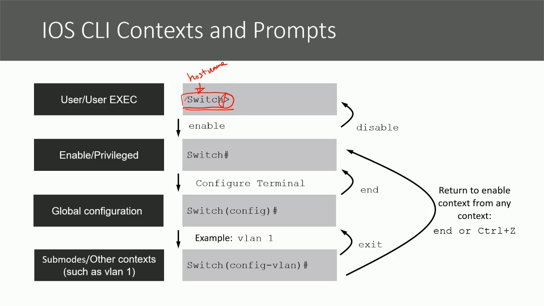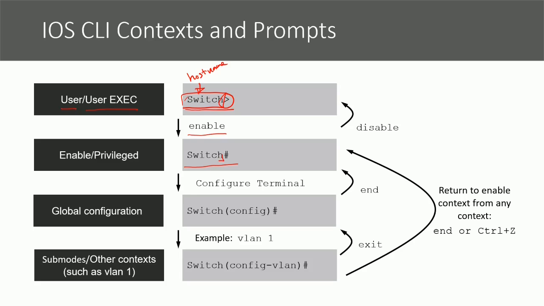This prompt means you are in user or user EXEC mode, and in this mode you have limited access to commands. If you want to get privileged mode, you can type enable. The switch may ask you for a password, and we will discuss this more in the coming slides. If you are able to authenticate by a password, or if there is no password on the switch, you will get this prompt.